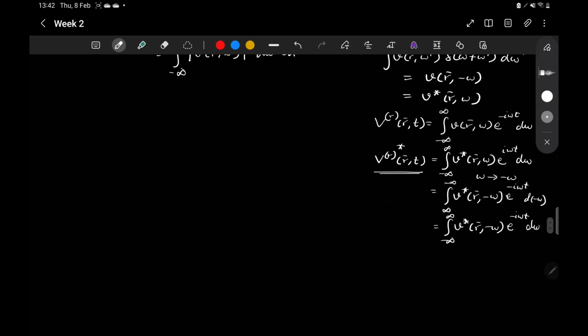Now, since this is a real field, the complex conjugate will be equal to the field itself. So, what we have is that the given field is equal to the following.